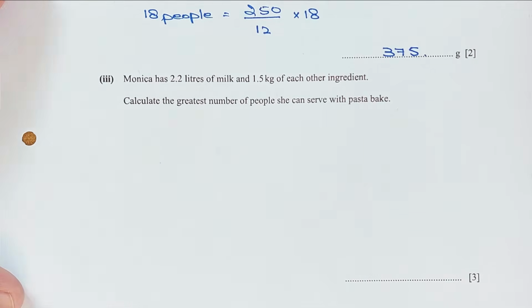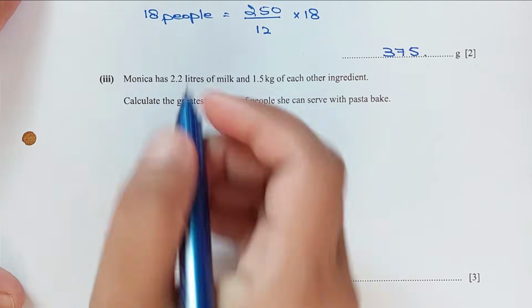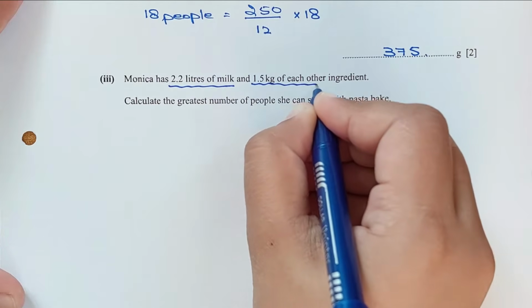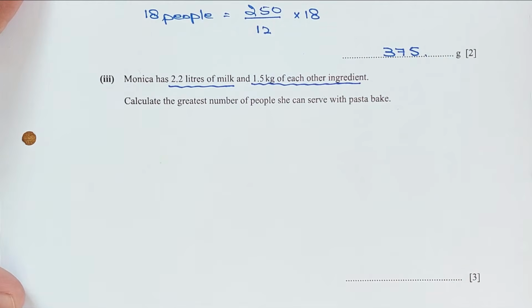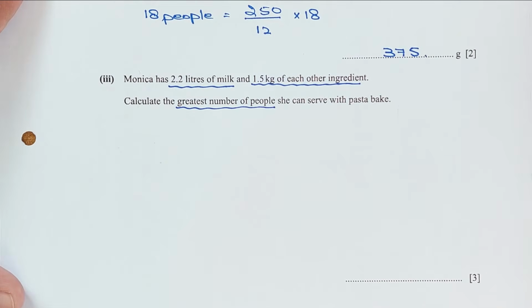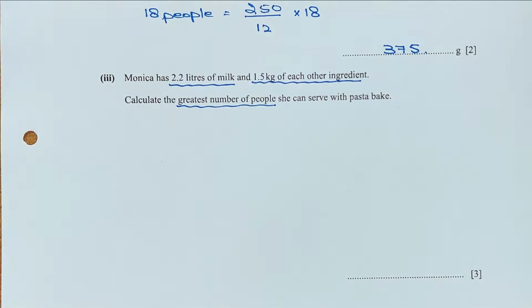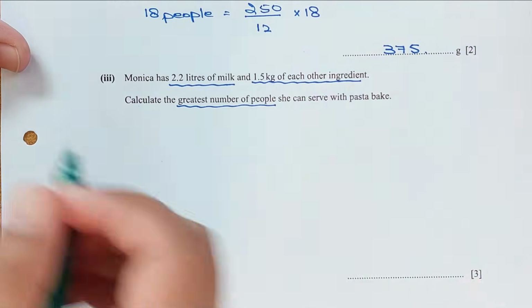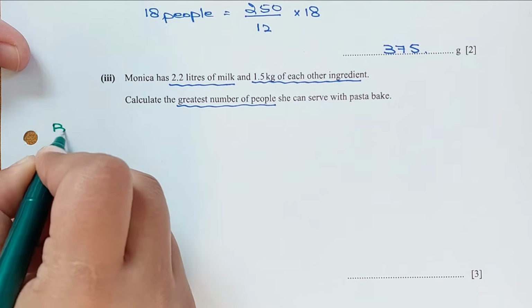Now for part 3, Monica has 2.2 liters of milk and 1.5 kilograms of each of the other ingredients. Calculate the greatest number of people she can serve with pasta bake. So we have to check all the ingredients. The first ingredient is butter.